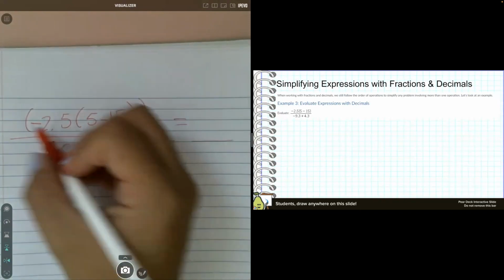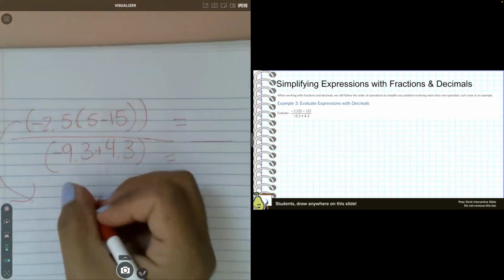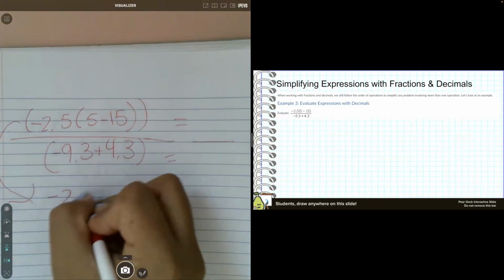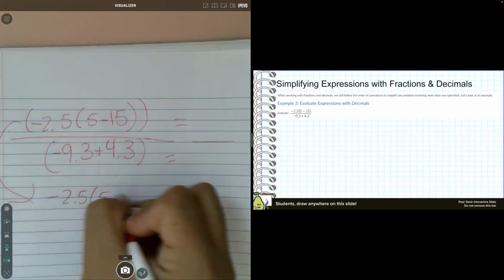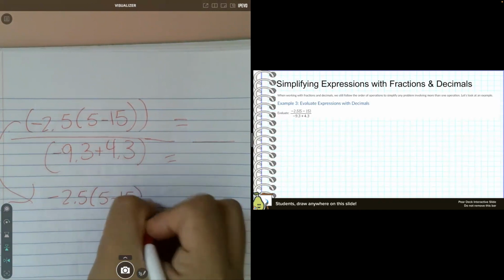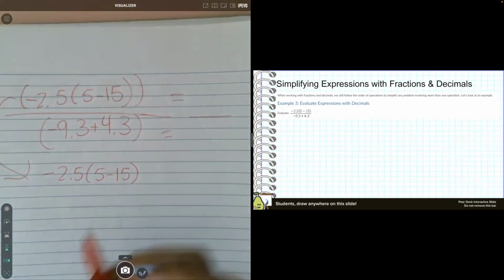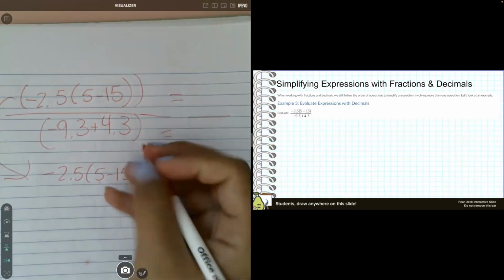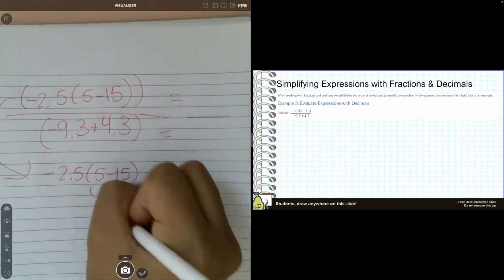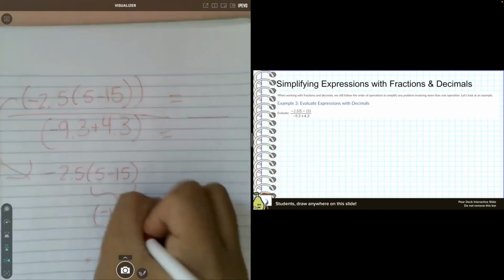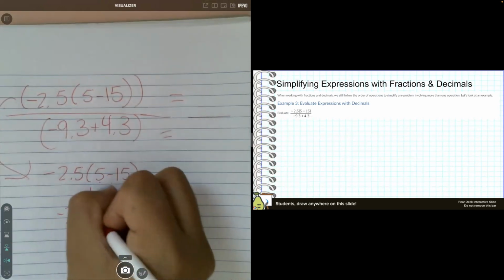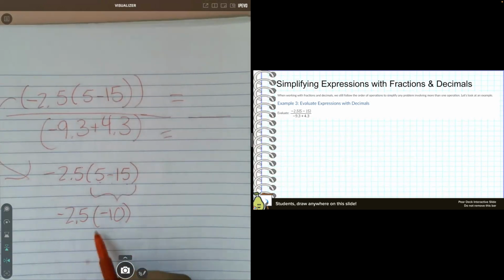So first, I'm going to start with solving what's in the numerator. -2.5 times 5 minus 15. I'm going to solve what is in my parentheses first. 5 minus 15 will give me a negative 10. And I have negative 2.5 times negative 10.